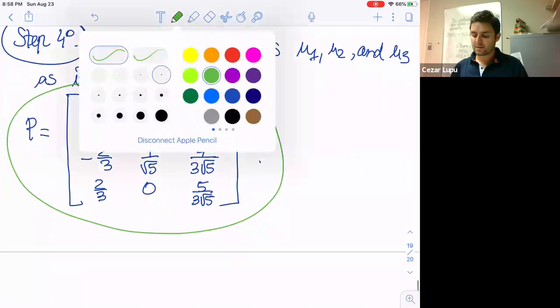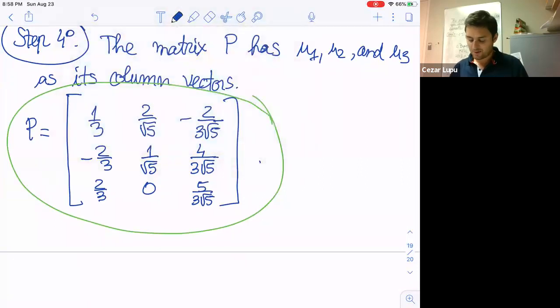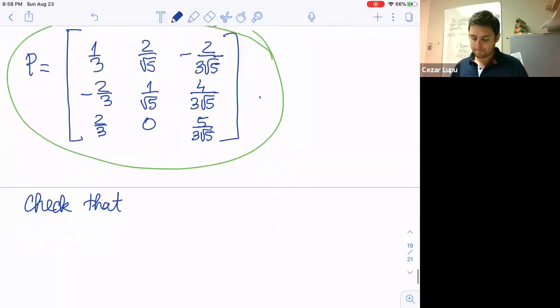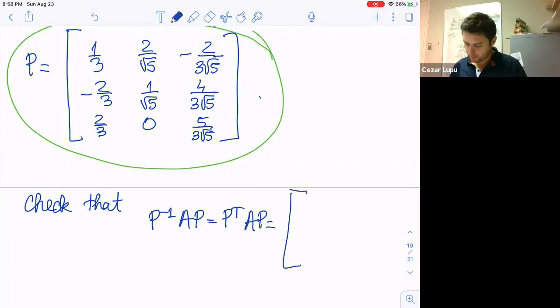I will leave it to you as an exercise to check that P inverse times AP is the same as P transpose times AP, and after some computations, this will give us -6, 0, 0, 0, 3, 0, and 0, 0, 3.